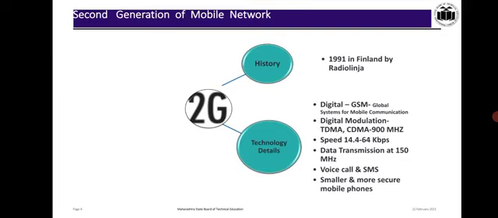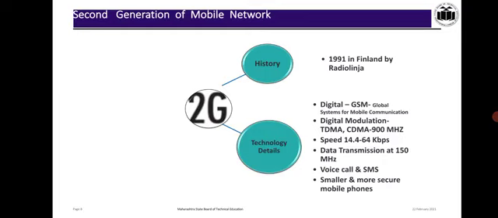The second generation was introduced in 1991 in Finland by Radiolinja. The technology used is digital, based on GSM. The digital modulations used are TDMA and CDMA, that is, time division multiple access and code division multiple access, where the speed is increased to around 14.4 to 64 kbps.